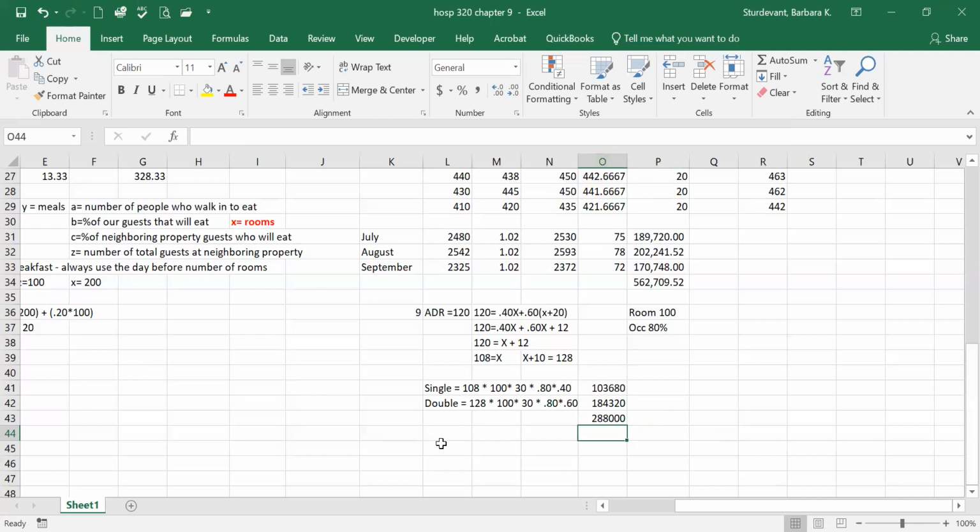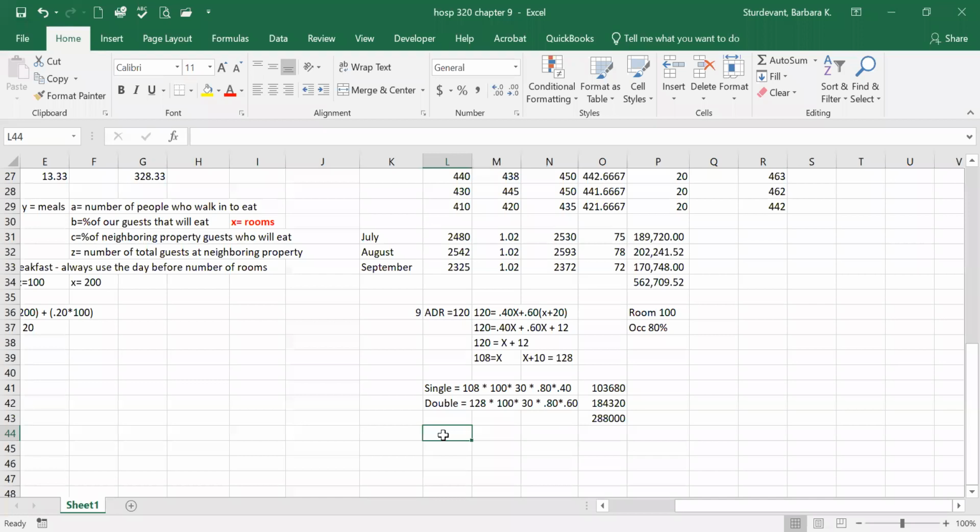Then we have to go do our food. We have breakfast, lunch, and dinner. We had 80 seats. So we're going to have to do breakfast, lunch, and dinner.